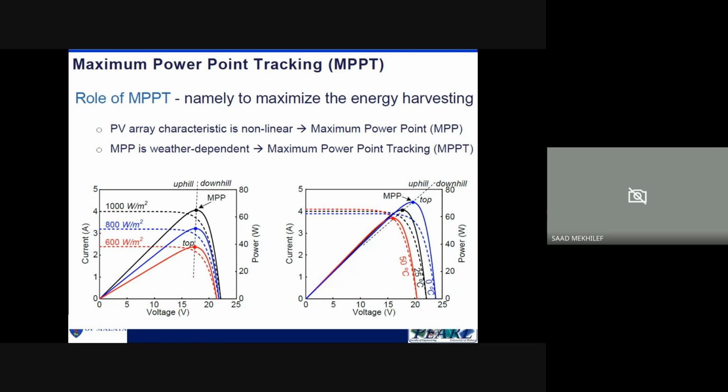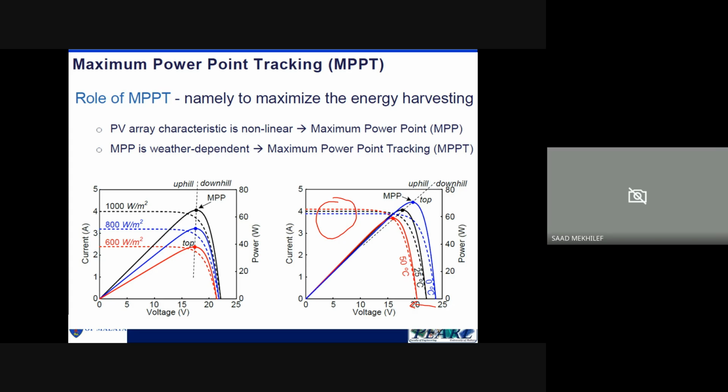So this is from here. If you look into this dashed curve in the second figure, like I mentioned just now, these are under different temperatures: 0 degrees C, 25 degrees C, and 50 degrees C. What you can see is a drop in voltage.